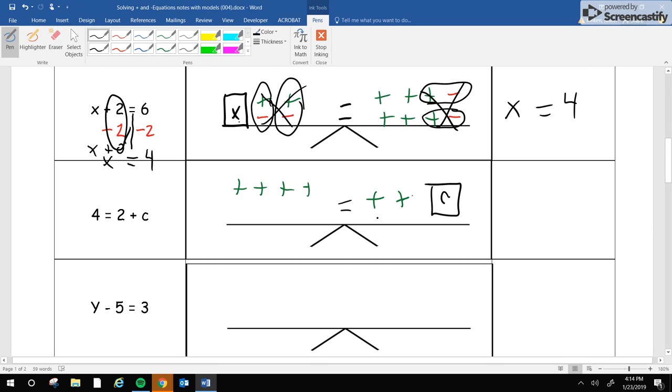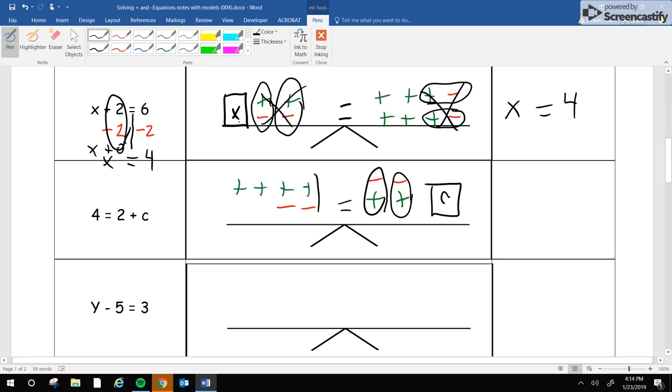Now, once again, the goal is to isolate my variable c. So instead of having 2 pluses, the inverse of 2 pluses is 2 minuses. And once again, whatever you do on one side of the equal sign, I'm going to do the same on the other. So if you look here once again, this is a 0 pair, this is a 0 pair.